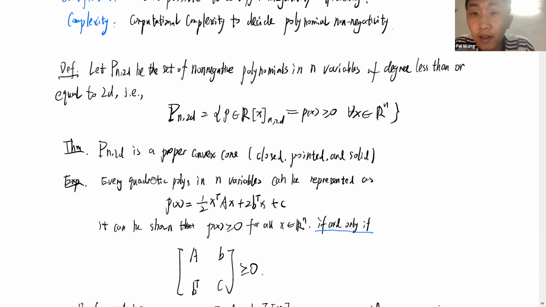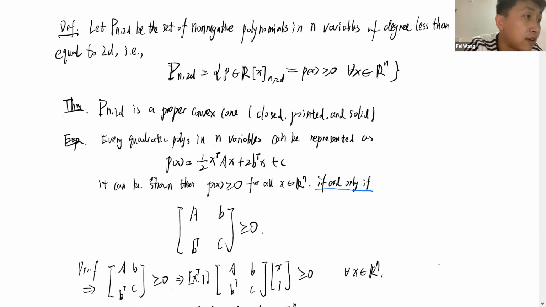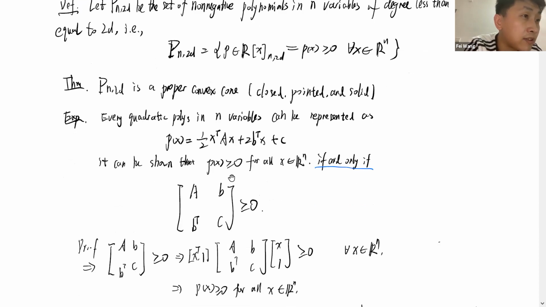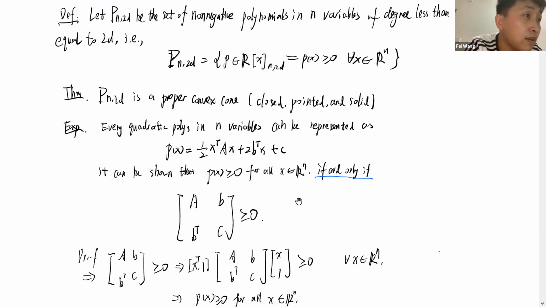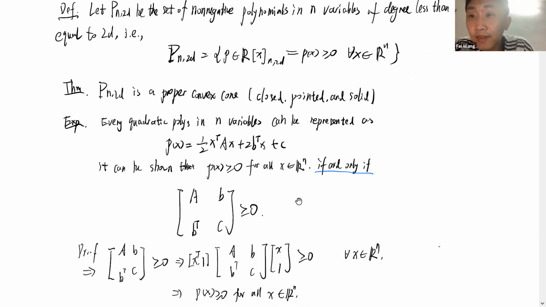Let's see an example. How can we show that a polynomial is non-negative? We consider this quadratic polynomial p(x) = 1/2 x^T A x + b^T x + c.